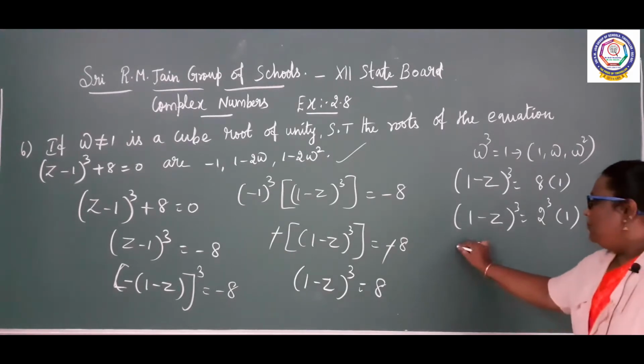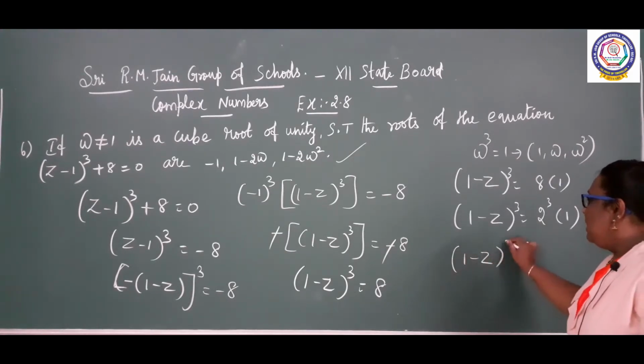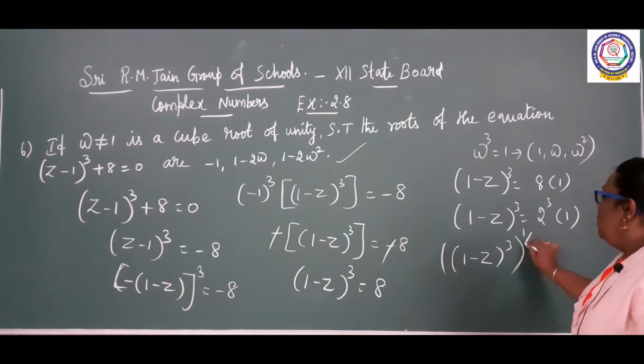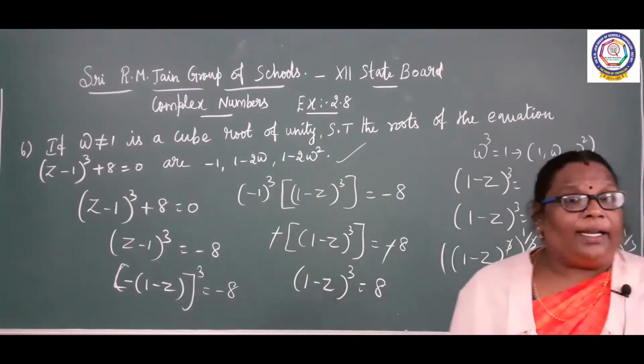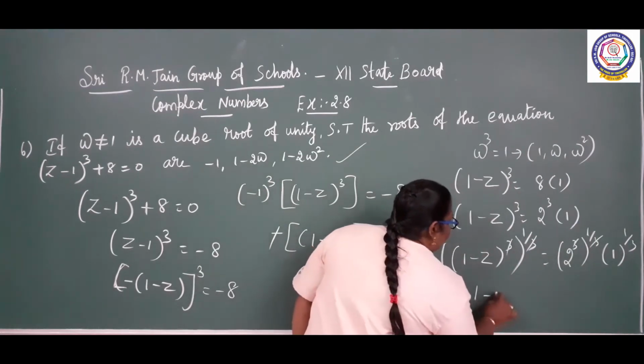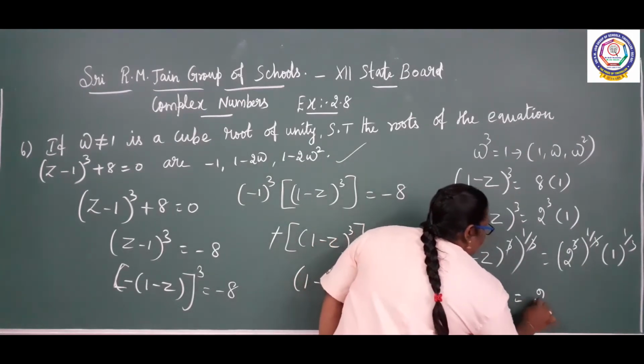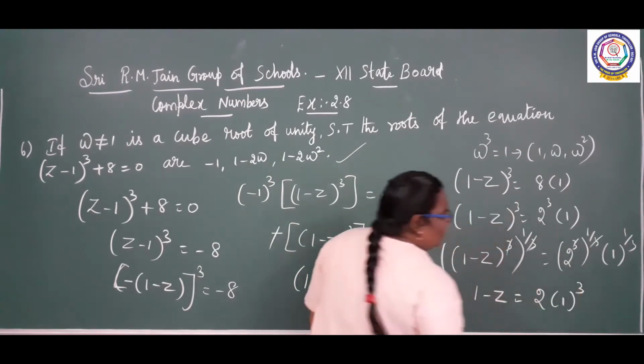So, taking root of both the sides, power 1 by 3, what is the answer you are getting? 2 cube whole power 1 by 3 into 1 power 1 by 3. The 3s get cancelled. So, what is the final thing? 1 minus z equal to 2 into 1 power 1 by 3.